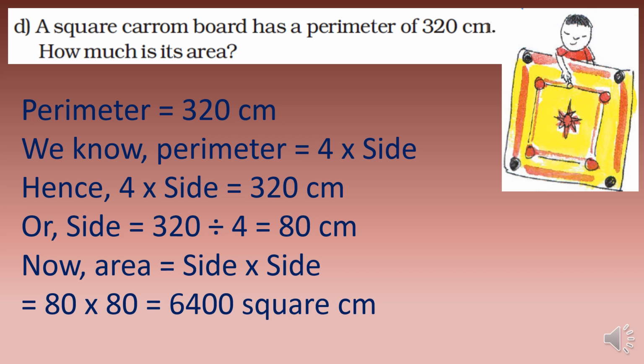So we know the one side now, and all the sides will be equal as it is a square. So area of a square is equals to side multiplied by side, that is 80 multiplied by 80, that is 6400 square centimeter.